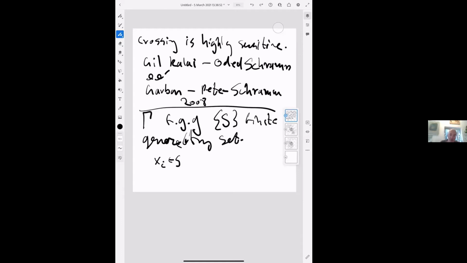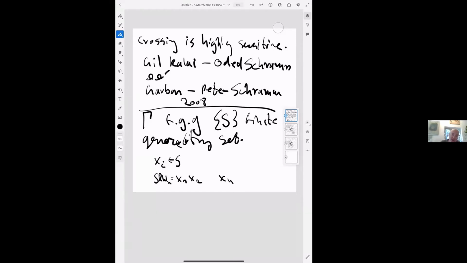If we have some measure on S, we define the corresponding random walk, where we take the product of the elements x1, x2, and so on, that is, the product of elements from the generating set, each one chosen independently according to the measure.